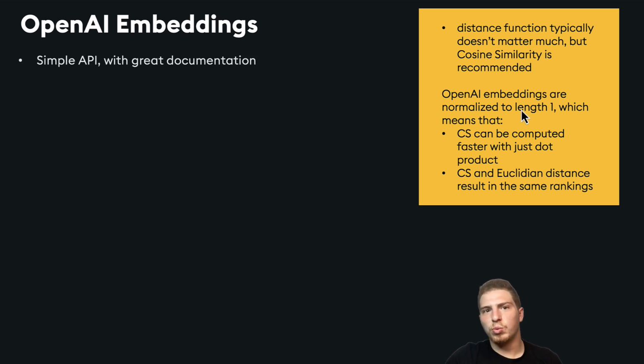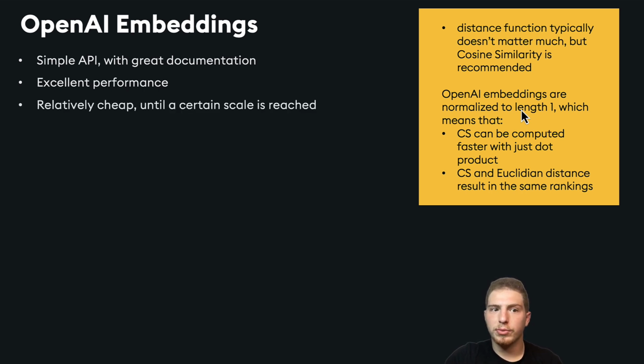The most popular choice for embeddings is OpenAI embeddings, and there are a lot of reasons for this. One is that it has a really simple API with excellent documentation and lots of examples. It has excellent performance, not as good as hosting your own solution, but it's been heavily optimized. And it's relatively cheap until a certain scale is reached. One thing that needs to be understood about performance is that performance when you're embedding your data set doesn't really matter.